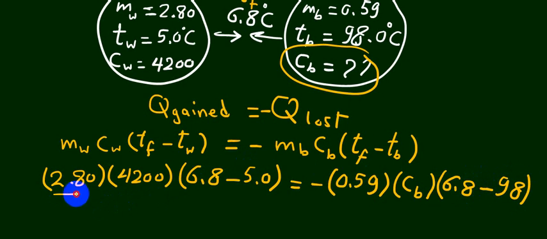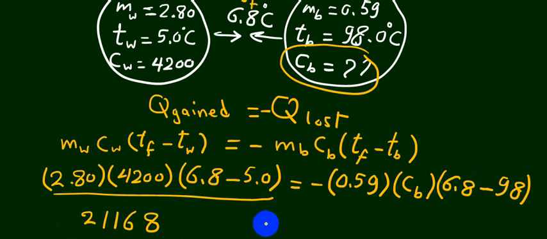This term can be calculated to be 21168 equals minus 50.16 times C brass.